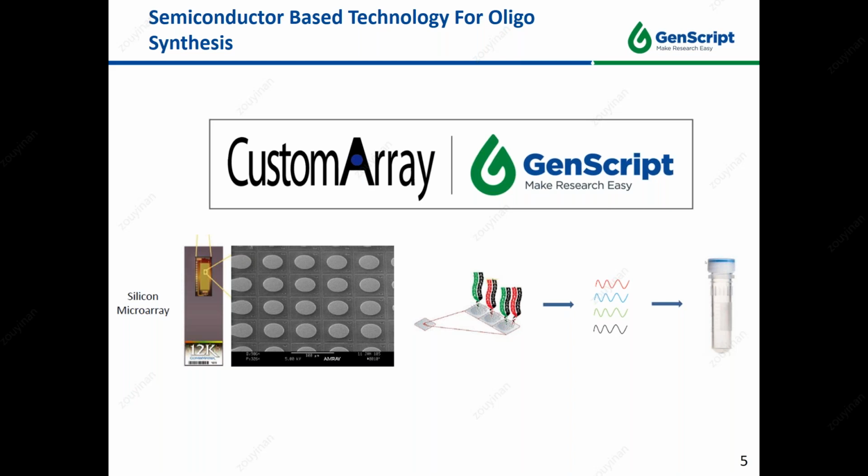Synthesis is based on established phosphoramidite chemistry and occurs at thousands of sites simultaneously, according to a computer algorithm that activates only the specified electrodes. After the synthesis is complete, the oligos are removed from the surface and collected in a tube, creating oligo pools.